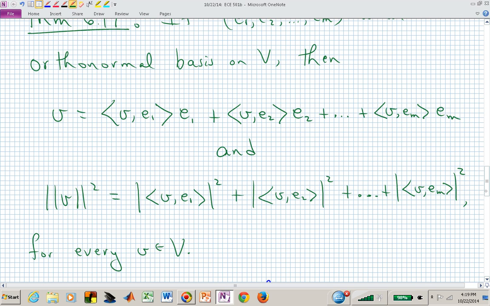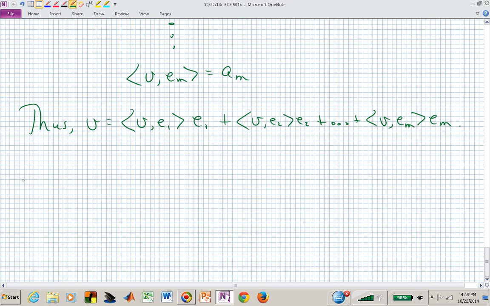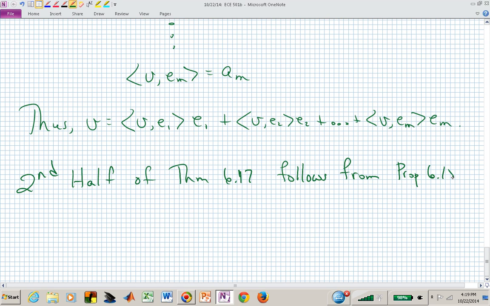So the second half of this theorem, which was theorem 617, follows directly from proposition 615.